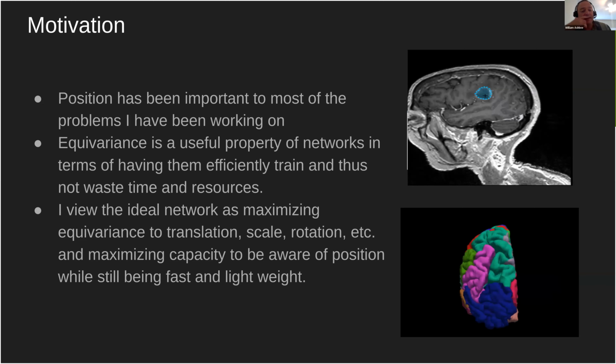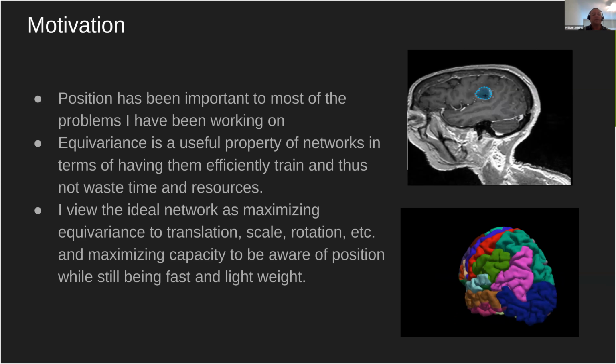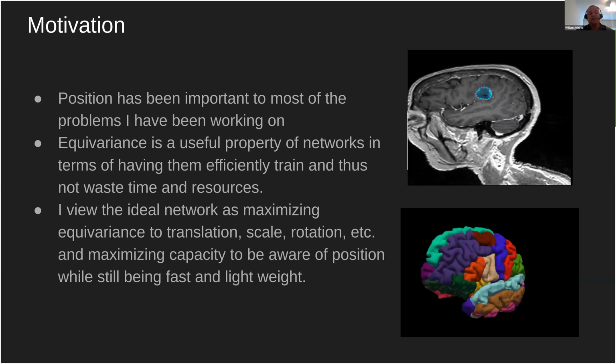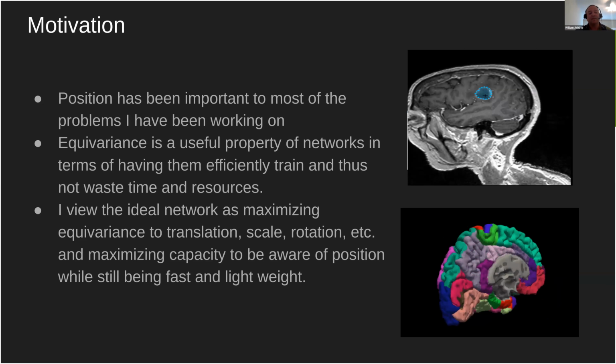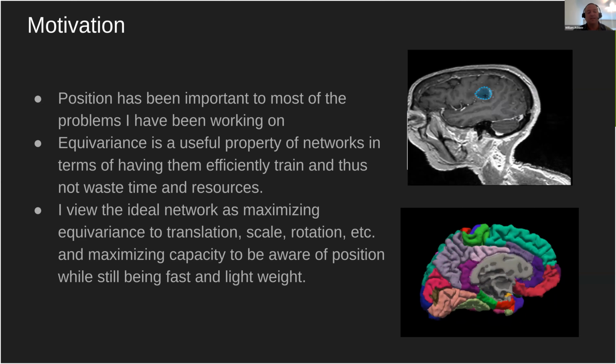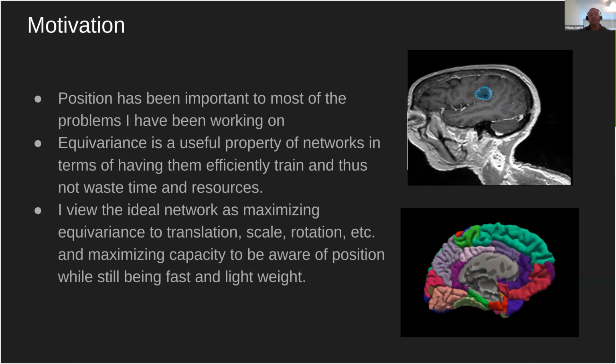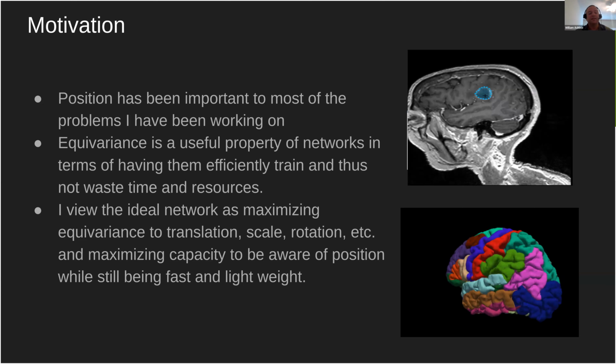I basically think that the ideal network has to maximize something called equivariance, which is basically that the activation maps change in an expected way when things are translated, scaled, or rotated, or resolution is increased or sequence length is lengthened.